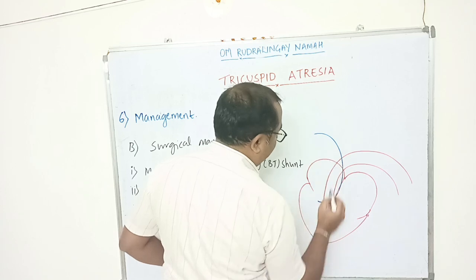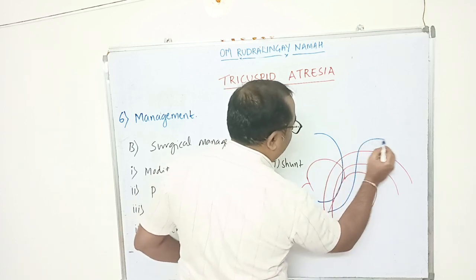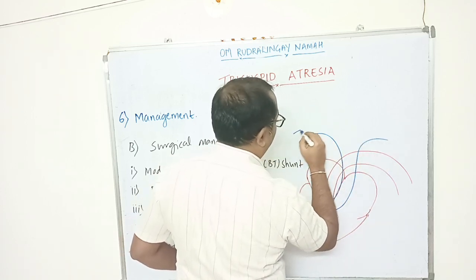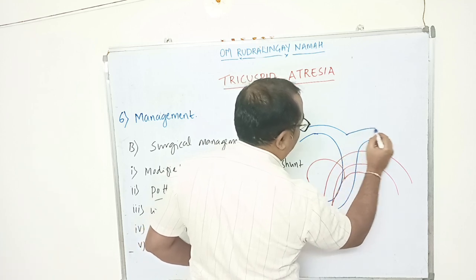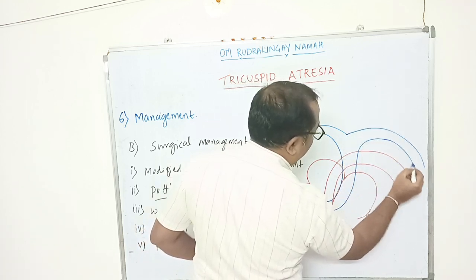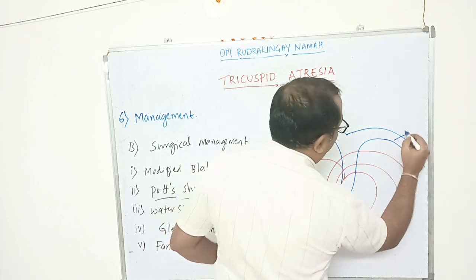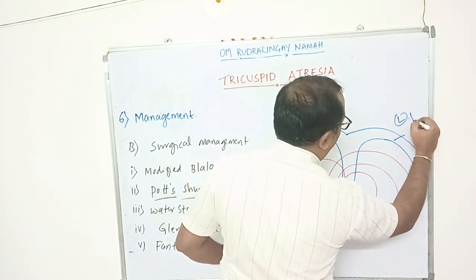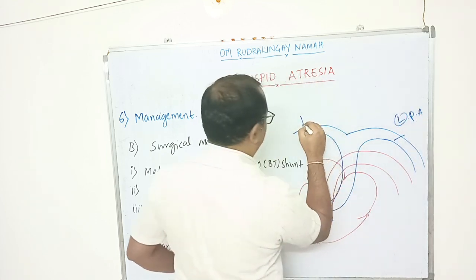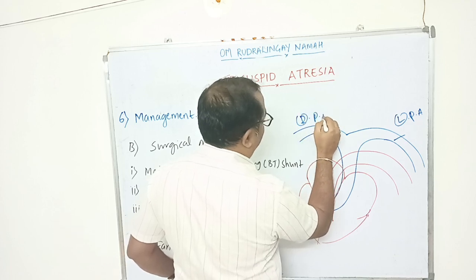This is the pulmonary artery. So this is the left pulmonary artery. This is the right pulmonary artery.